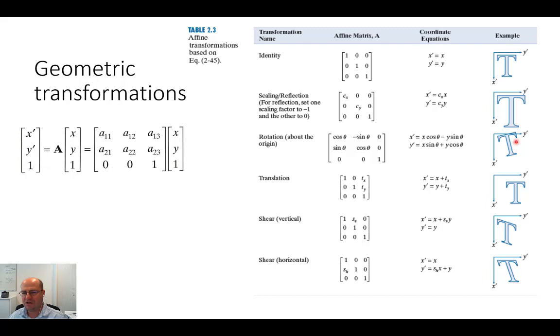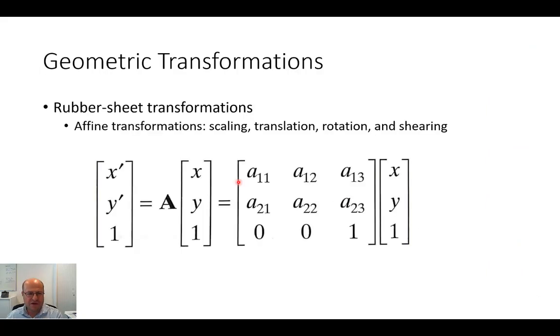Applying rotation, obviously I have a rotated T. Translation, I have a T that is translated. It's a little bit self-explanatory. Shear is that kind of transformation where you pull the object from one side. So imagine these are all understood as rubber sheet transformations.